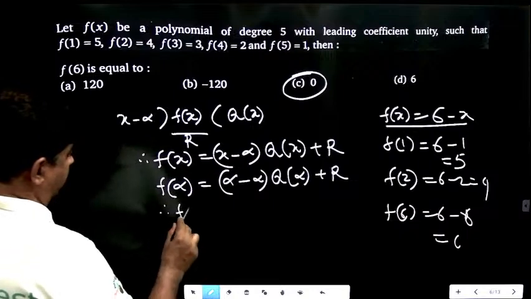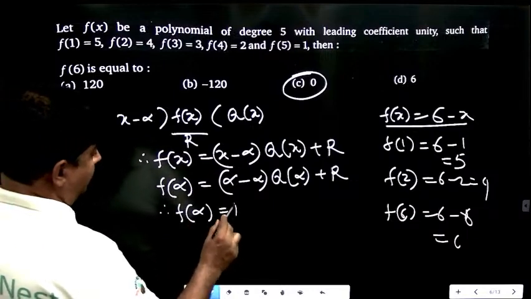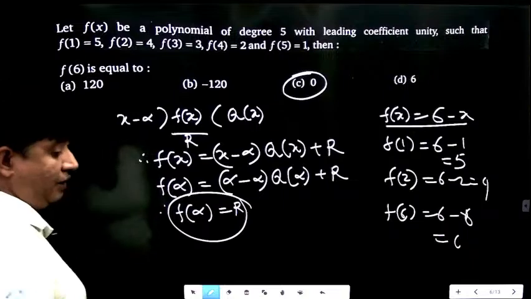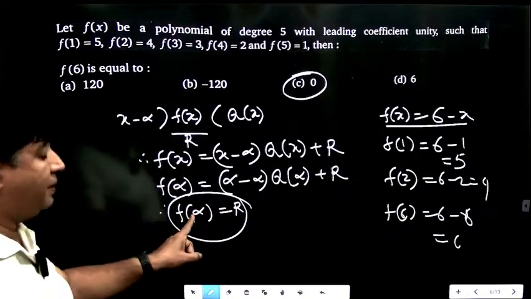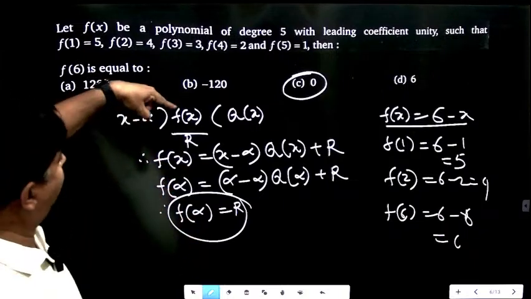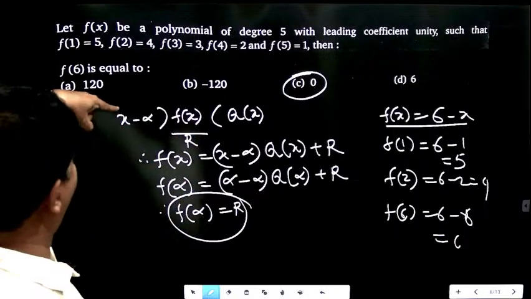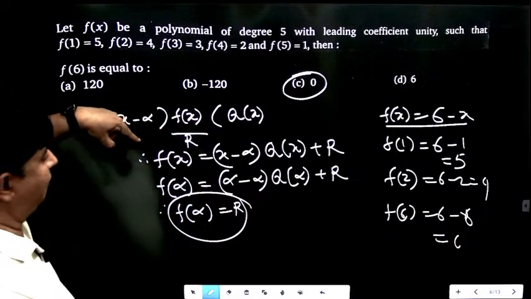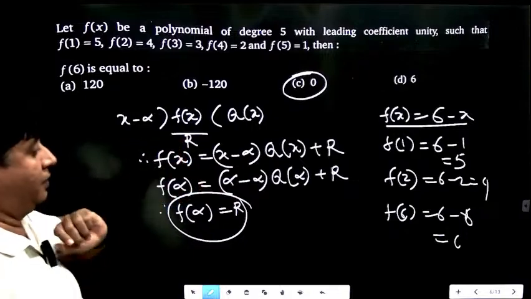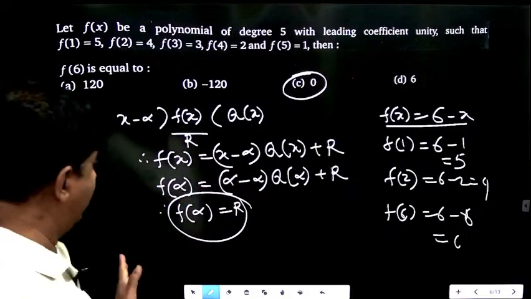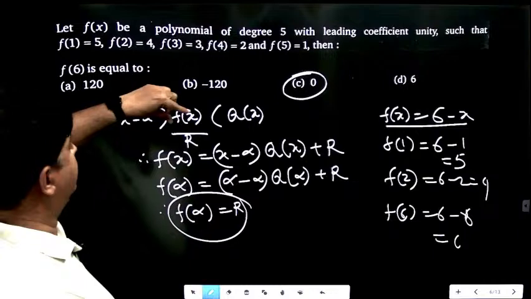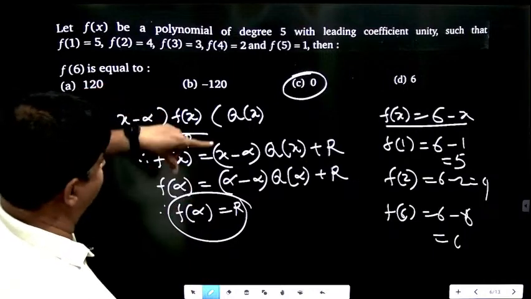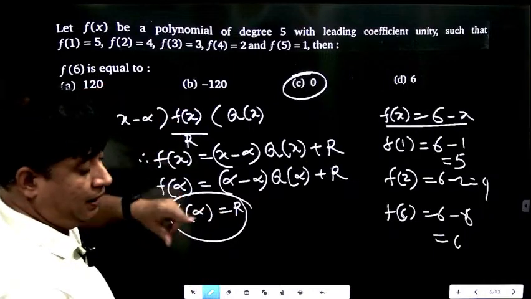Therefore, f alpha is equal to r. So if you get this result, that means fx is a polynomial being divided by x minus alpha with remainder r. Yes or no? fx ऐसा एक पॉलिनोमियल है जिसको x माइनस अल्फा से डिवाइड करके r रिमाइंडर मिलेगा. हाँ, ठीक है.